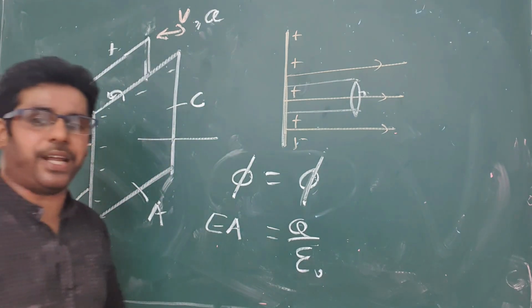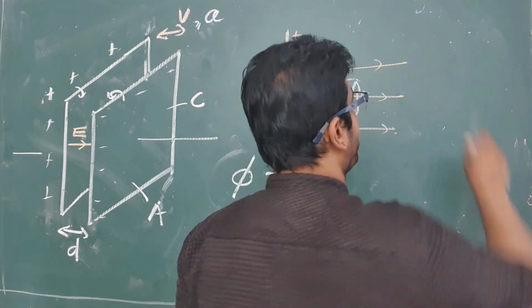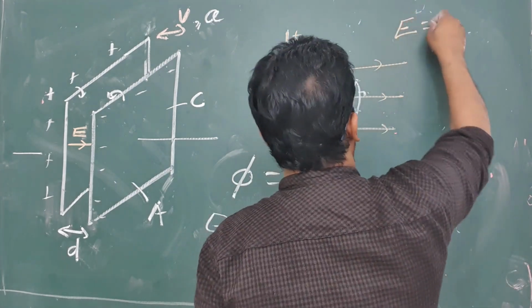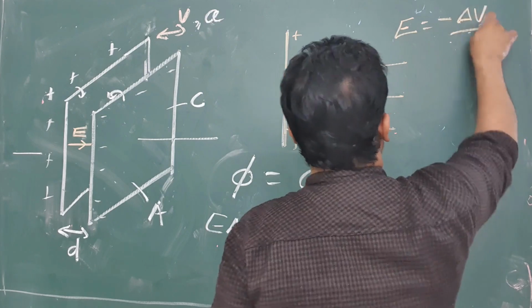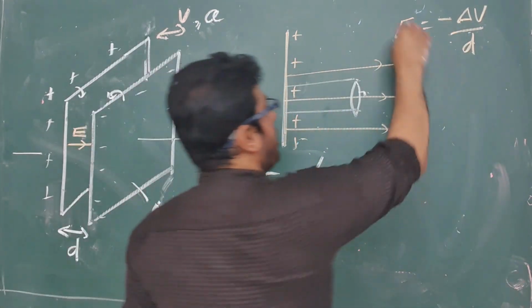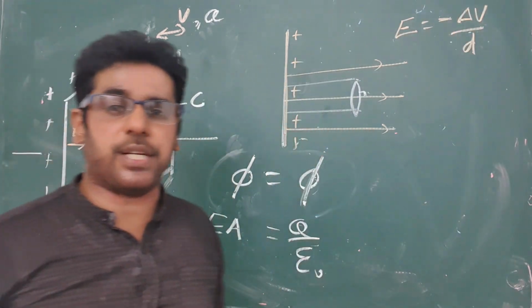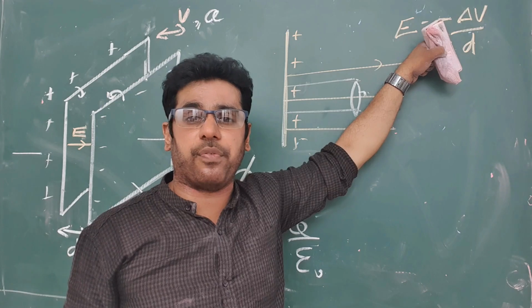Now another very important thing in electric fields, previously I told you, E is given by the negative value of the gradient of voltage. But we don't use this minus sign in the calculations, we use this minus sign in the graph.